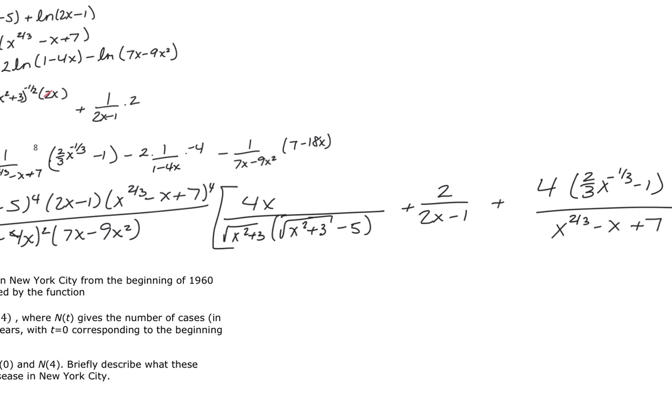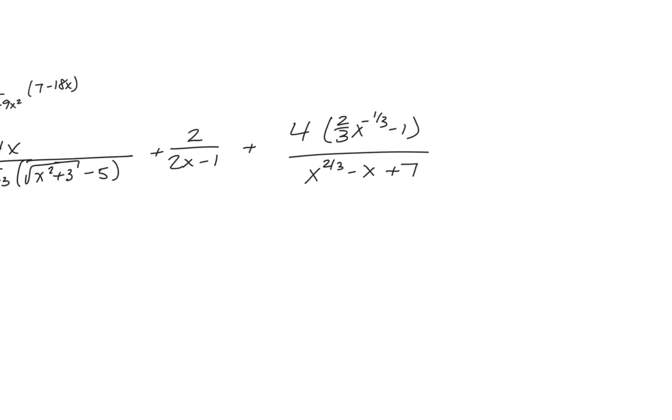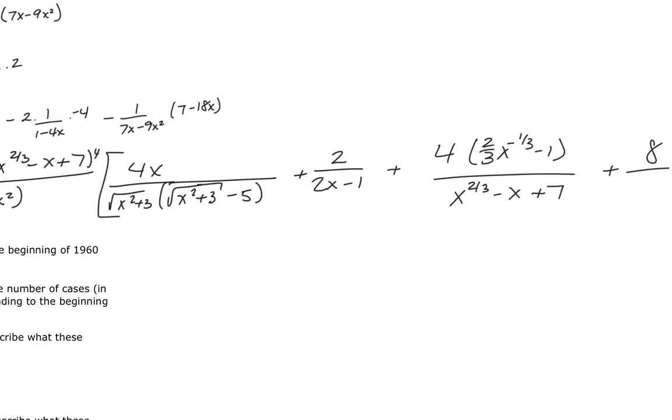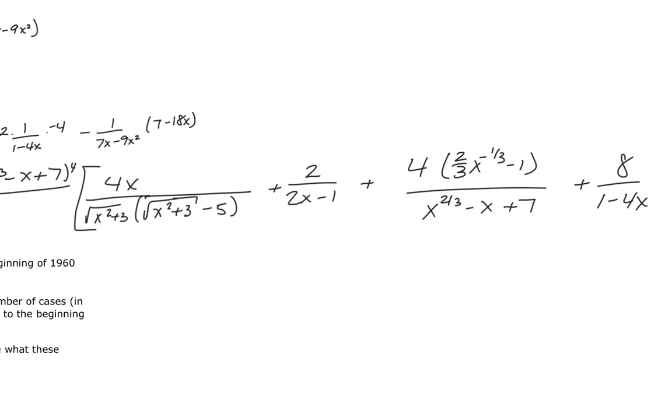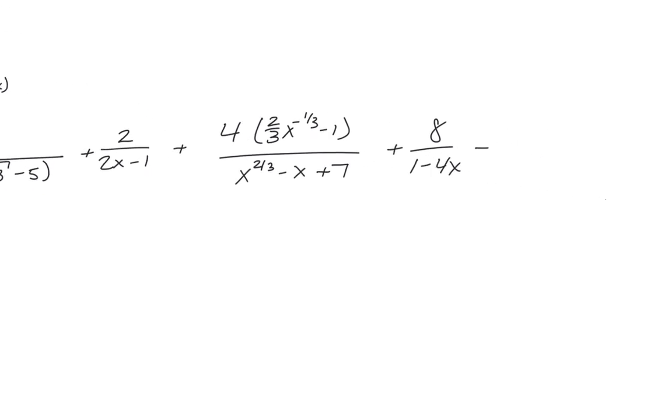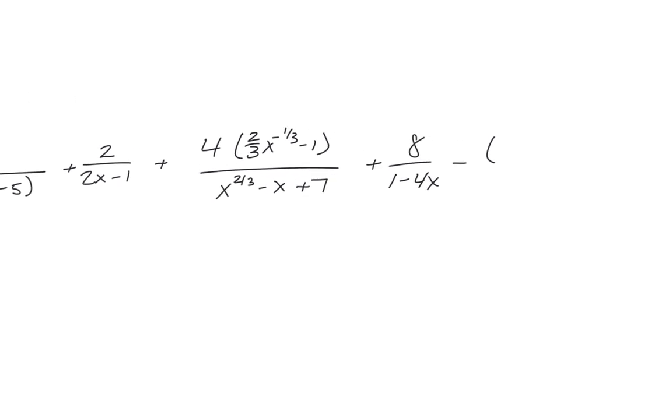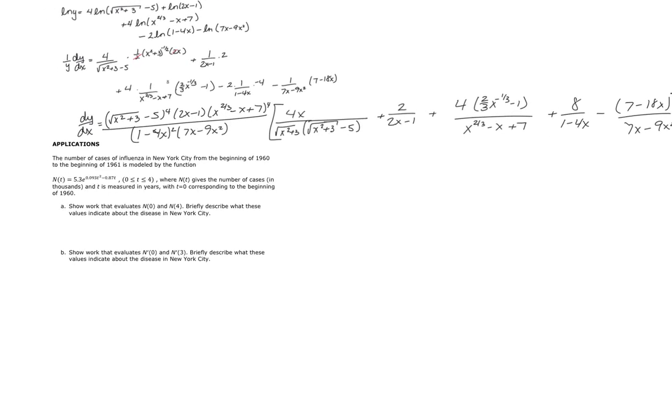My next one is going to be double negative, so it'll be positive 8. So plus 8, 1 minus 4x. And then my last term is going to be minus 7 minus 18x over 7x minus 9x squared. Boom, there it is, in all of its glory. Holy crap, that took a long time.